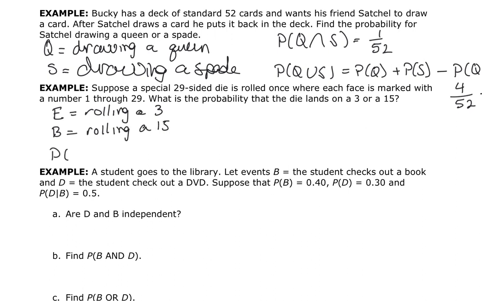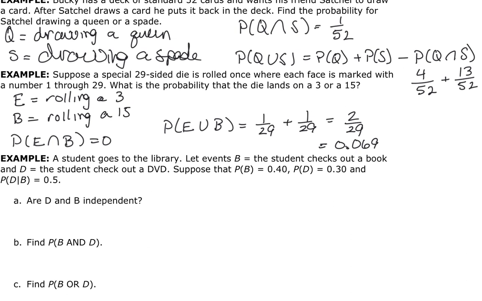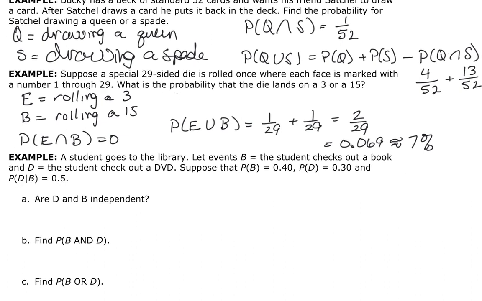Then the probability of E intersecting with B is 0. So the probability of E union B is just 1 out of 29 plus 1 out of 29, which is 2 out of 29, which is 0.069. So in other words, you have about a 7% chance of rolling a 3 or a 15.